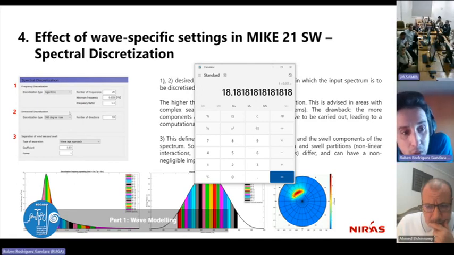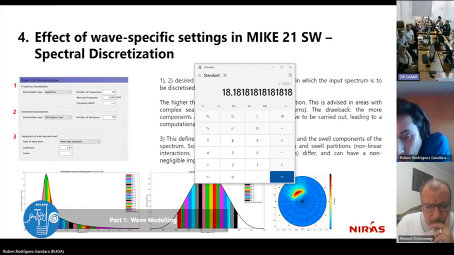And the same goes for the directional discretization. The finer, or the more directions that you create, the finer your spectrum will be, and you will discretize the space in much smaller bits. That's good.